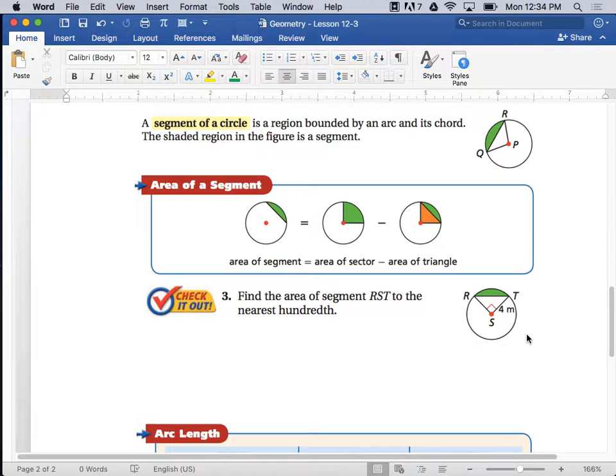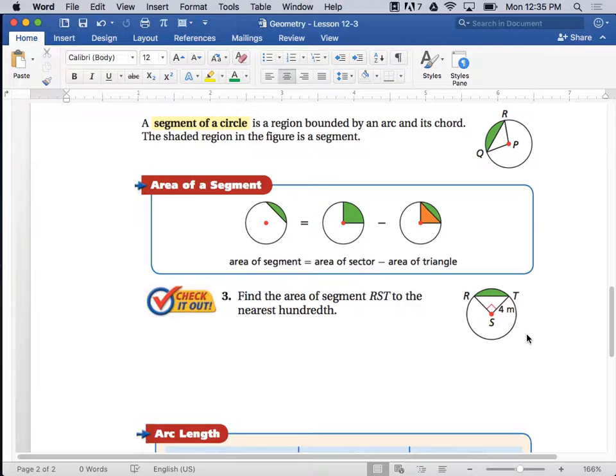All right, so that's the area of the sector: pi r squared times theta over 360. Now look, this is a segment. No more noises. The segment is found by getting the area of the sector.